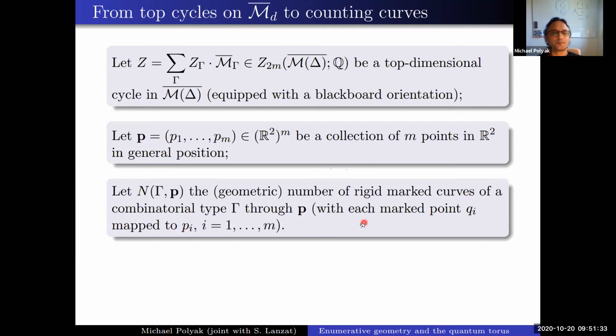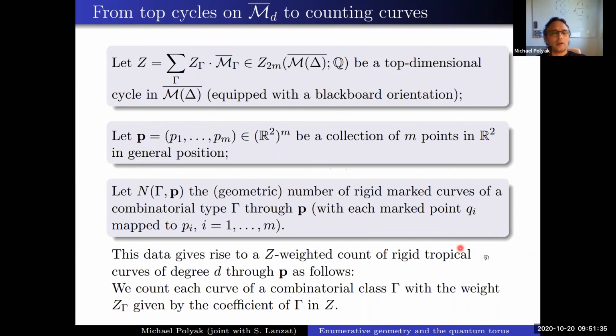Right? And I just do it as follows. So this number is not invariant. It will change when I move this collection of points.